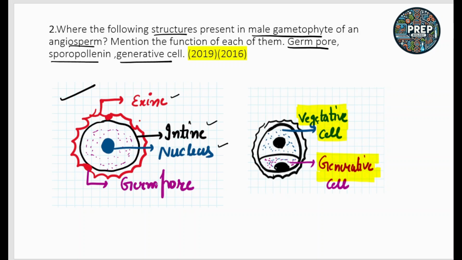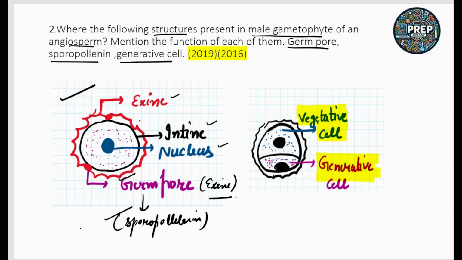The germ pore is present in the exine of the pollen grain, and it is the place where the sporopollenin is absent. We have discussed that in the classes also.